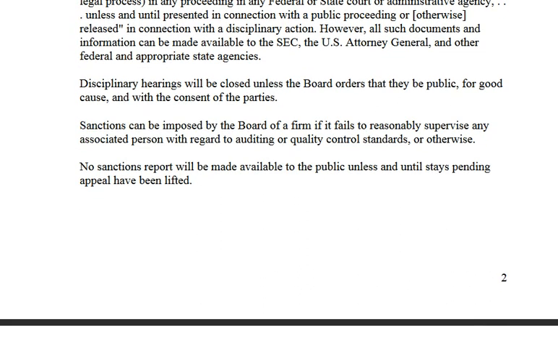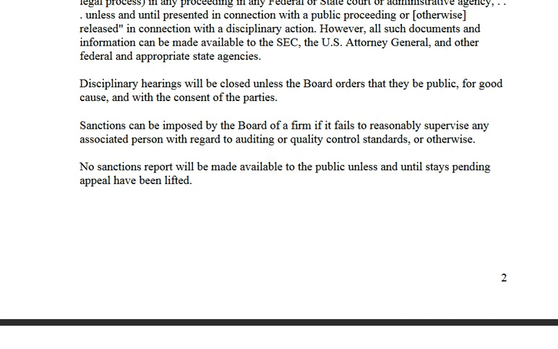However, all such documents and information can be made available to the SEC, the U.S. Attorney General, and other federal and appropriate state agencies.